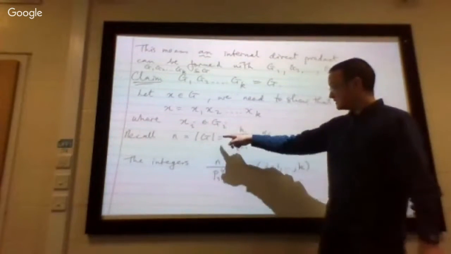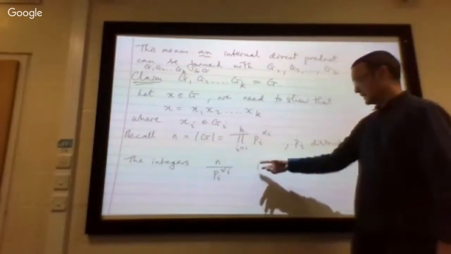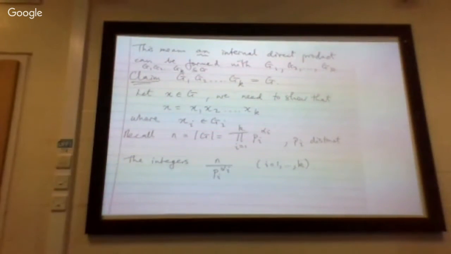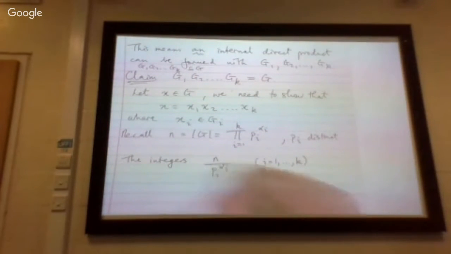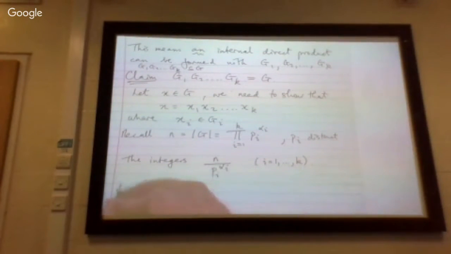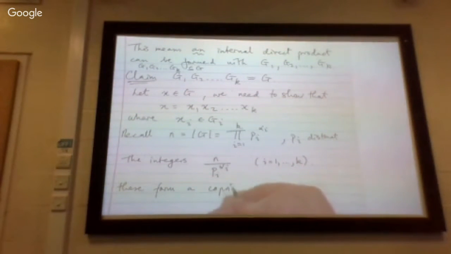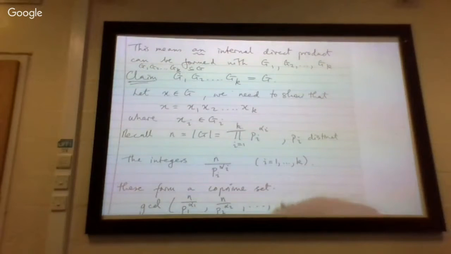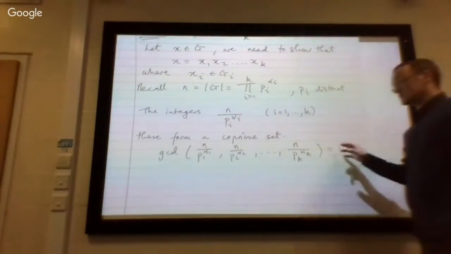That gives us k integers, and these form a coprime set, meaning the GCD of n over p1 to the alpha 1, n over p2 to the alpha 2, and so on, the greatest common divisor of all of them, is 1, because there's no common factor that's common to all of them.